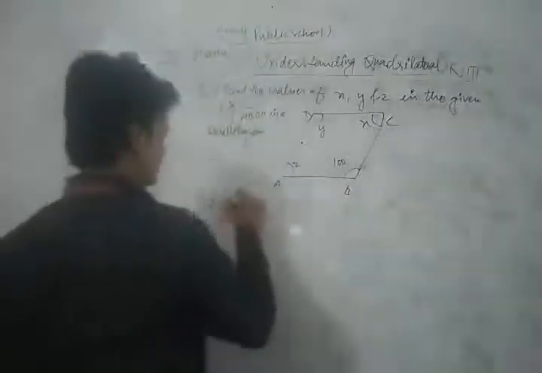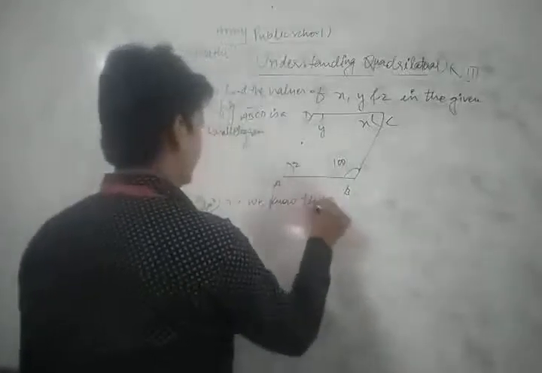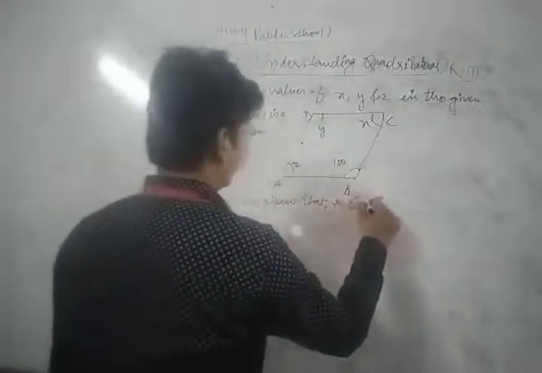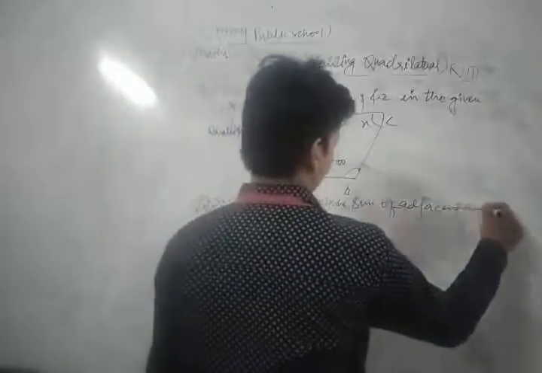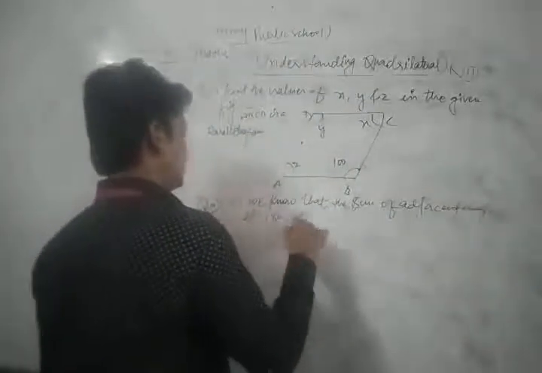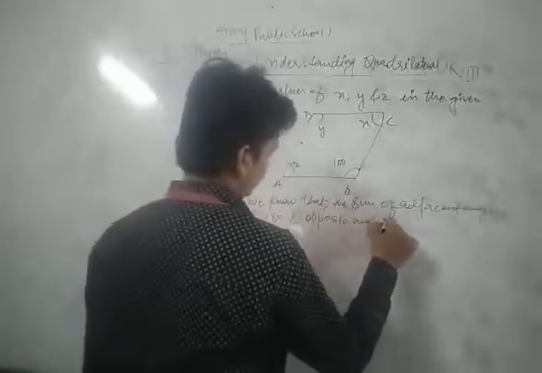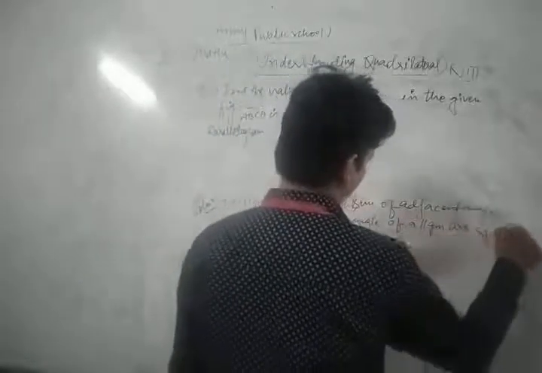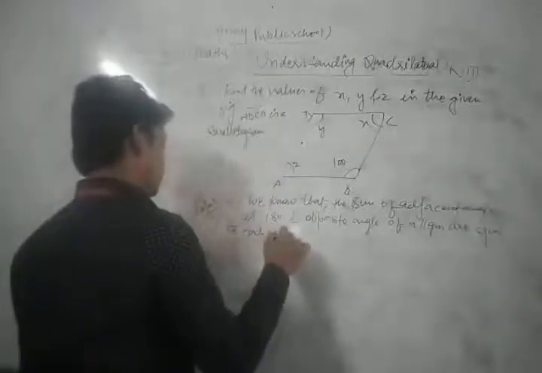So since we know that the sum of adjacent angles is 180 and opposite angles of a parallelogram are equal to each other.